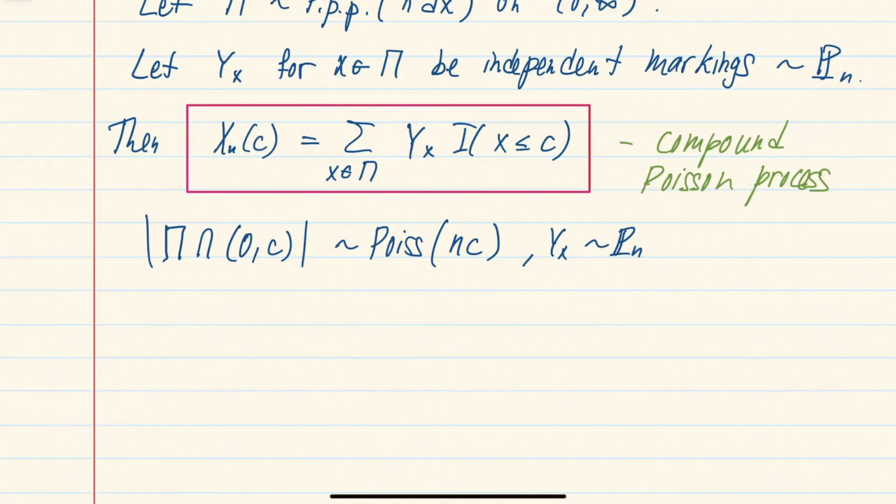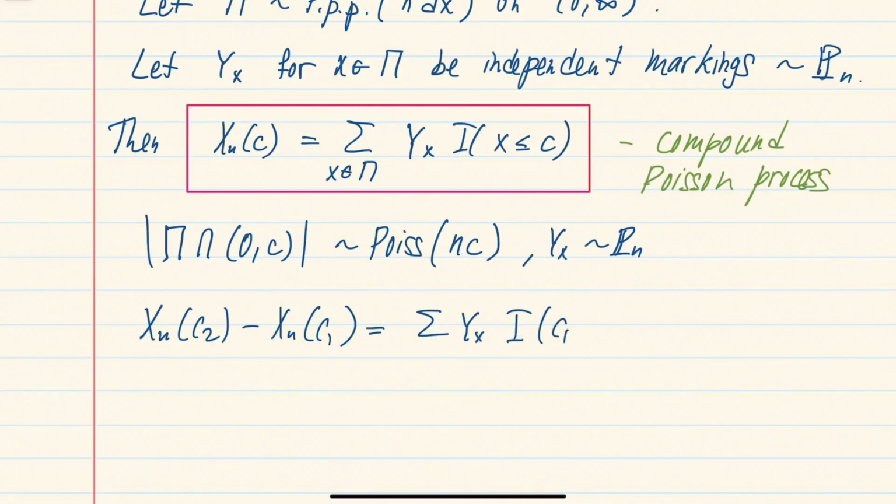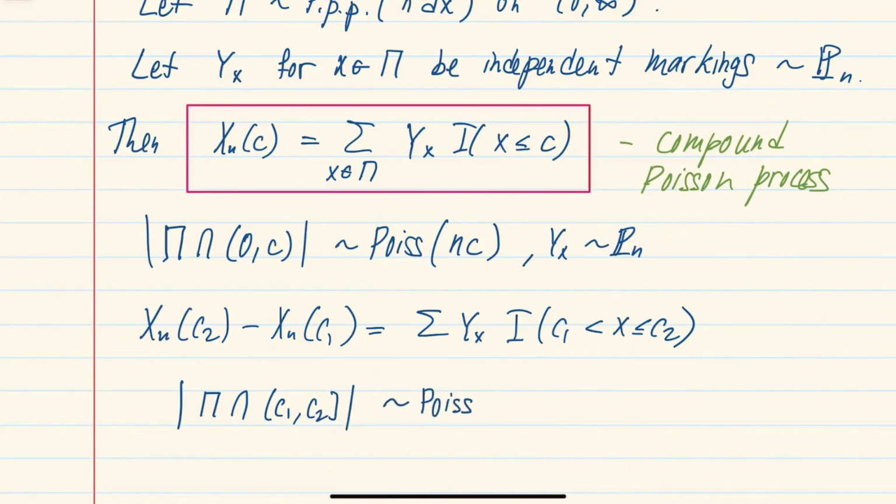Now, when you look at the increments of this process, it can be written as a sum of these IID markings over the interval between c1 and c2. And of course, by the properties of a Poisson process, we know that the cardinalities of intersection of our Poisson process with these intervals will not only be Poisson, with the mean of this form, but they will also be independent for disjoint intervals.